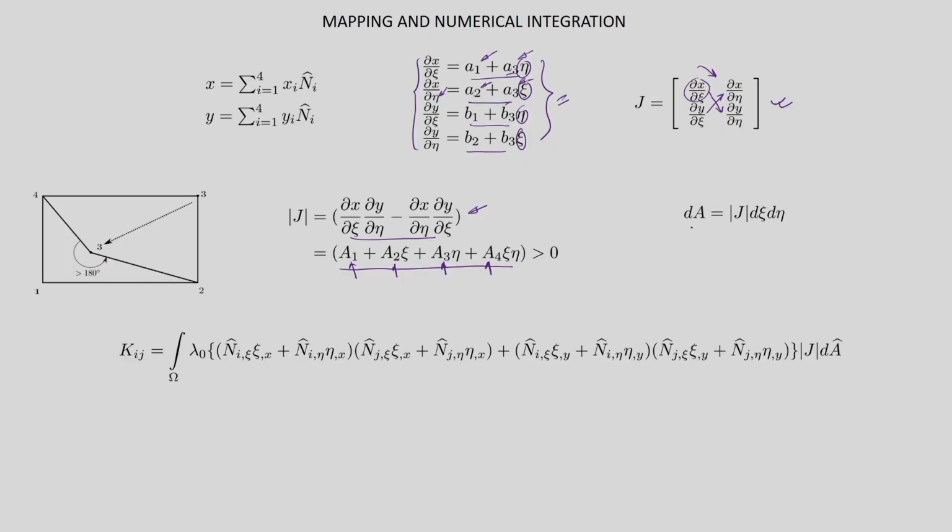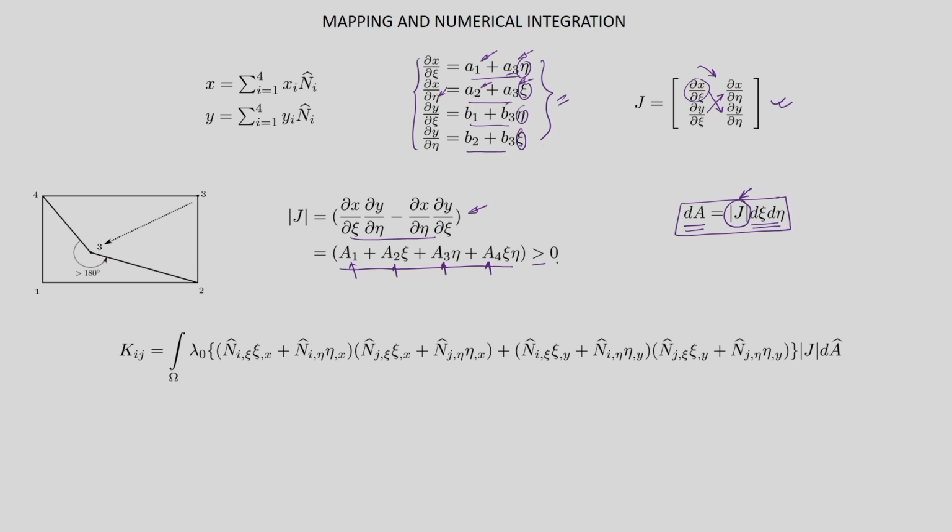Now, we related the differential area in the physical element with the differential area in the master element, alright. This we have derived for the triangular element already. Now, if we see, this is basically the ratio of two areas, alright. So, this cannot be negative.